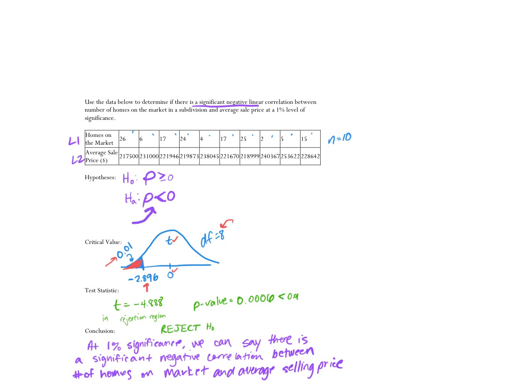I rejected the null. How do I know it's negative? Because I just rejected this one and said that this one was true. So that tells me that the negative is correct, that it is a negative correlation. And then how do I know between the two variables? These are my two variables. That's how you pick the between.